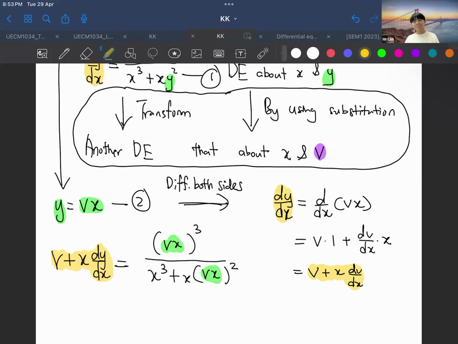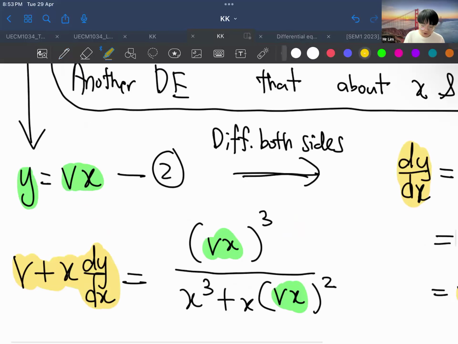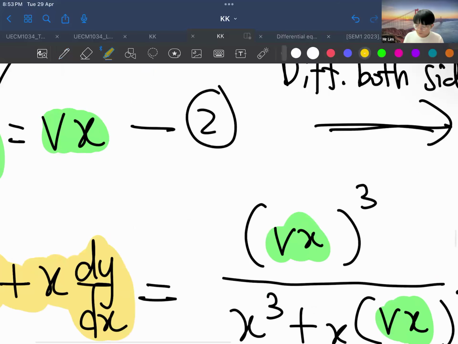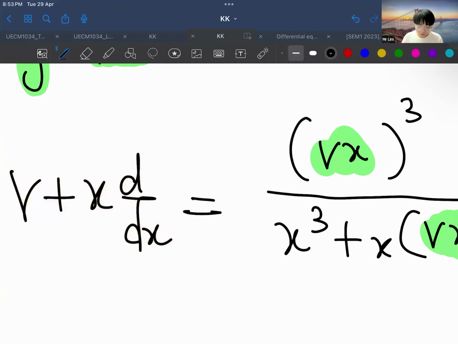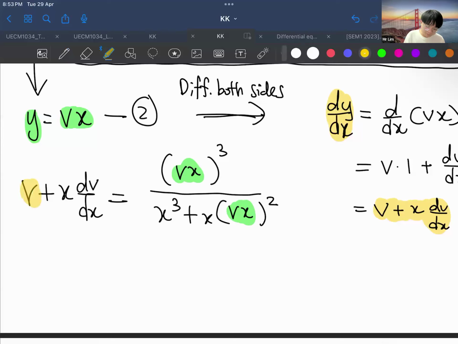Now it's time to simplify. Sorry, I substituted wrong. It should be a v, not y, sorry.